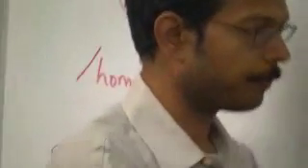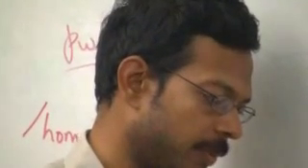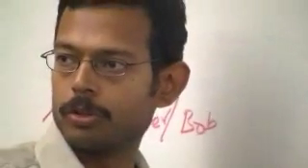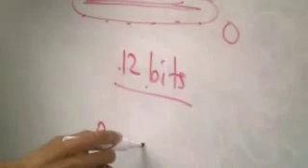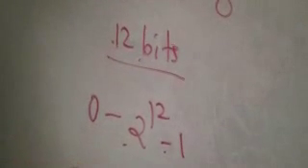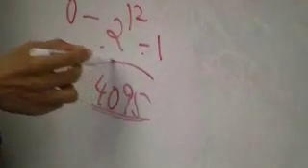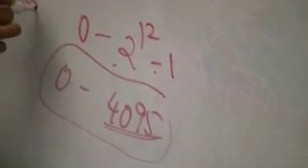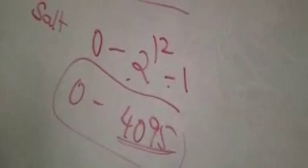So these 6 bits of this first character and another 6 bits of the second character form 12 bits. So 12 bits means the decimal value can go from 0 up to 2 to the 12 minus 1. So 2 to the 12 minus 1 is 4095. So in decimal the salt value can be anything from 0 to 4095. With 12 bits you can represent only these integers.